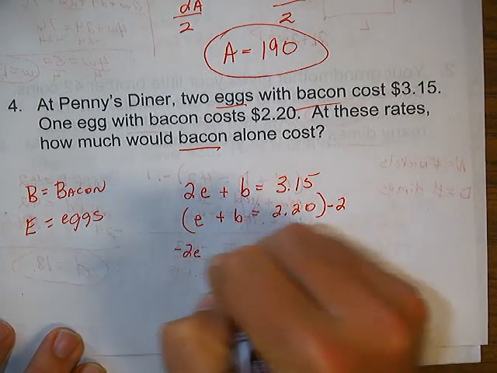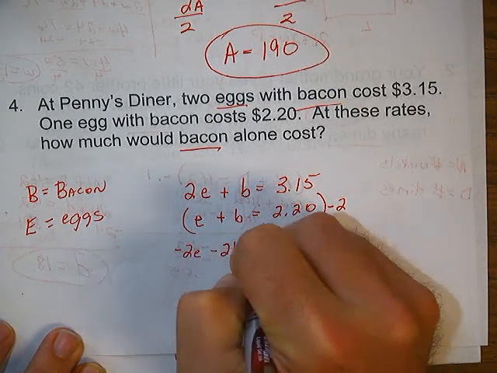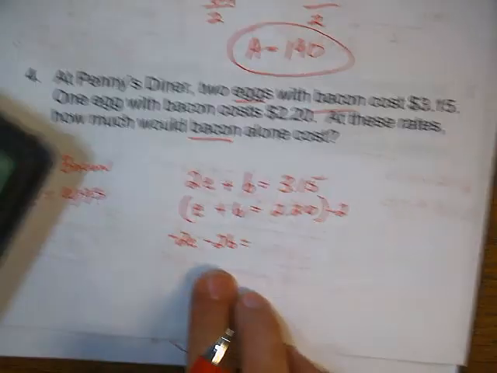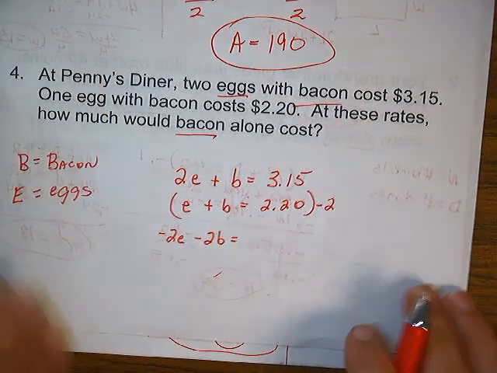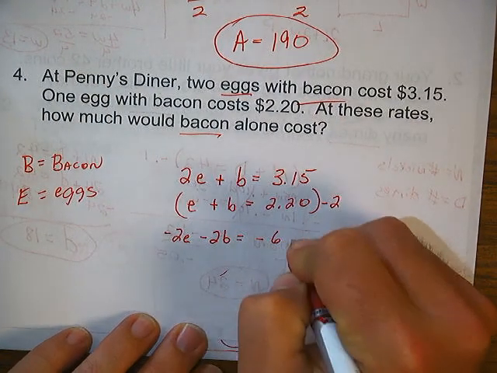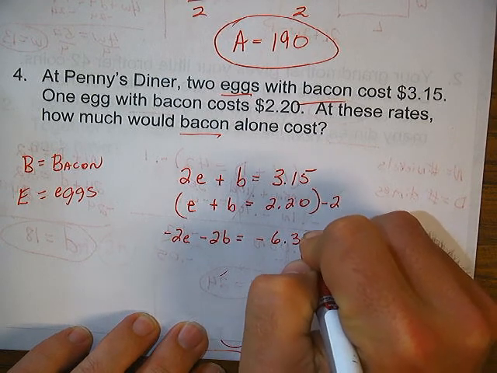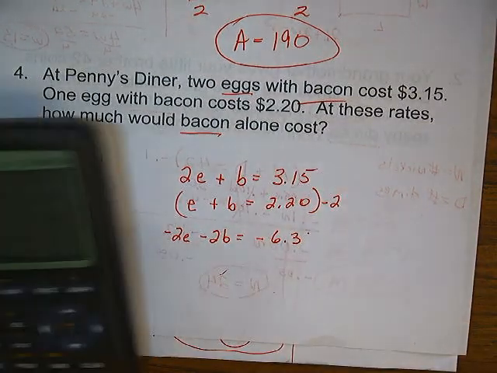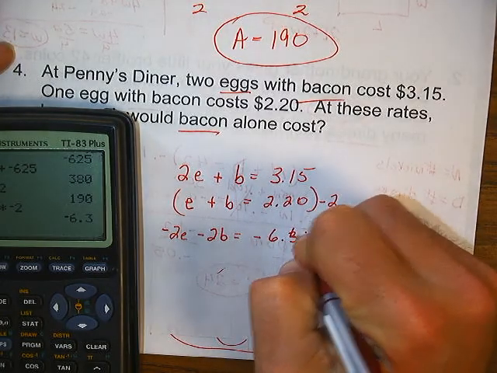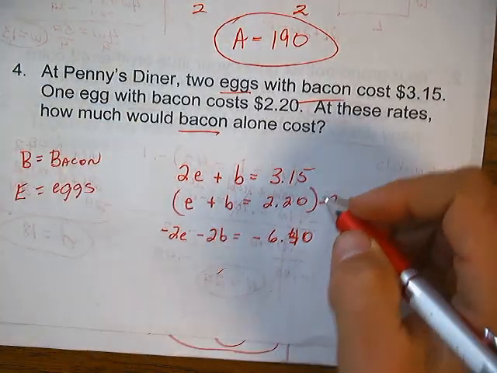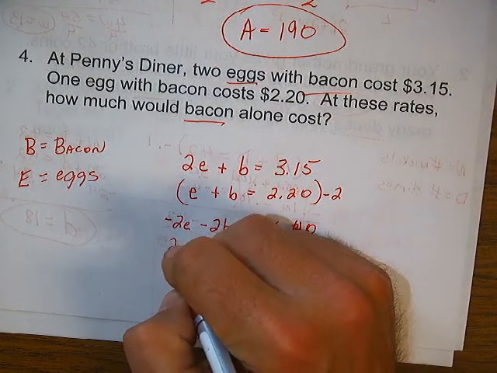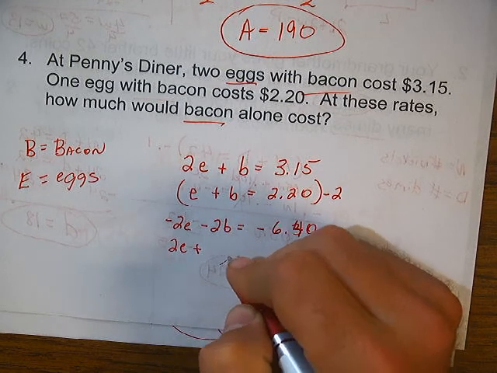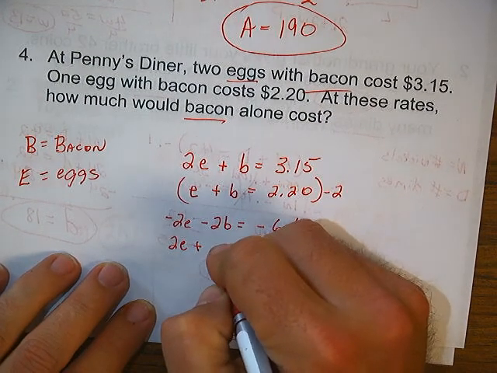Negative 2E minus 2B equals negative $6.30. Oh, that's not right. I multiplied it wrong. How about $6.40? That works. Now, just for simplicity, I'm going to rewrite the first equation.